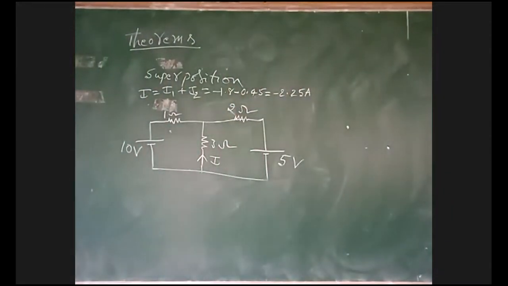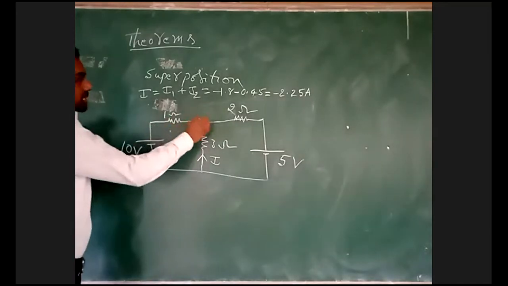Draw the circuit one more time. For verifying our answer minus 2.25 ampere, for this entire circuit I am applying node analysis.